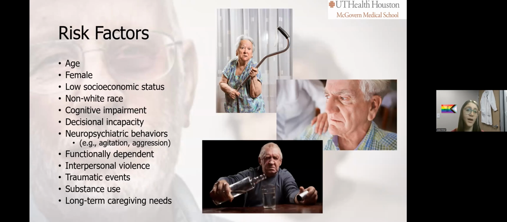Well, a lot of things. Some of them are things that they cannot change, and some of them are factors that they can change. Certainly your age, your sex, your race, these are things that they really can't do anything about. Socioeconomic status, unfortunately, for many older adults, changes as they become dependent on a fixed income. And so that really impacts their options and their ability to make choices to protect themselves.